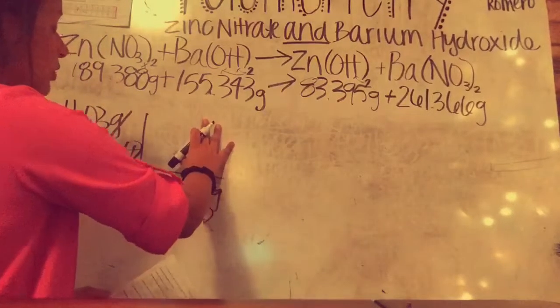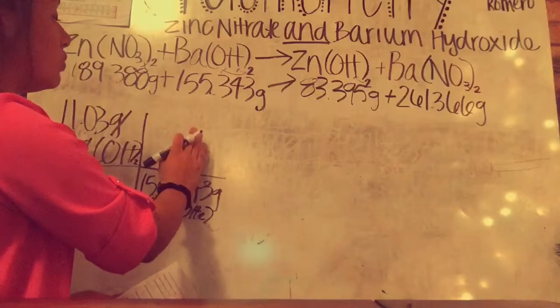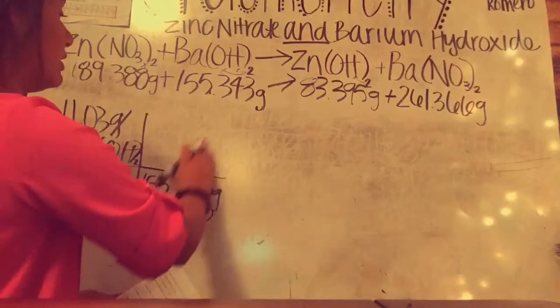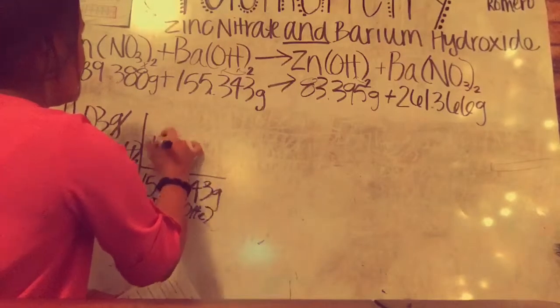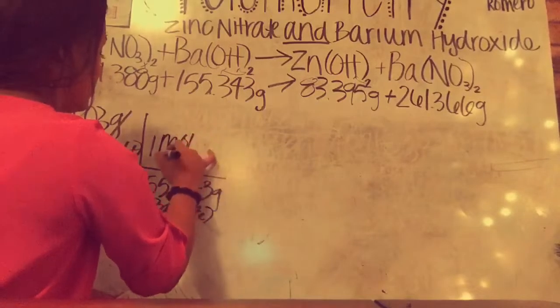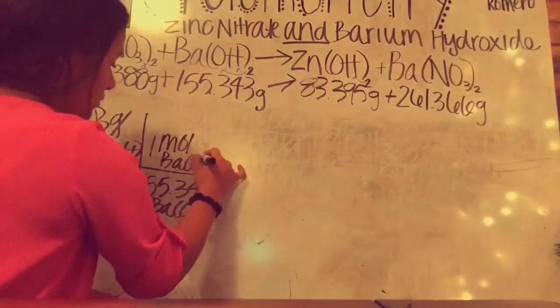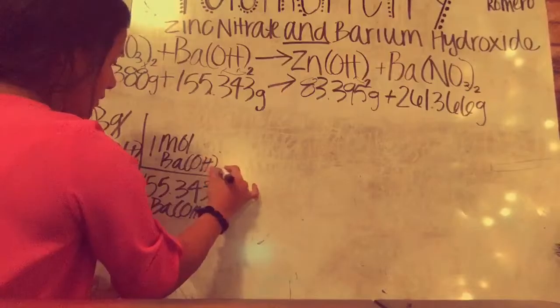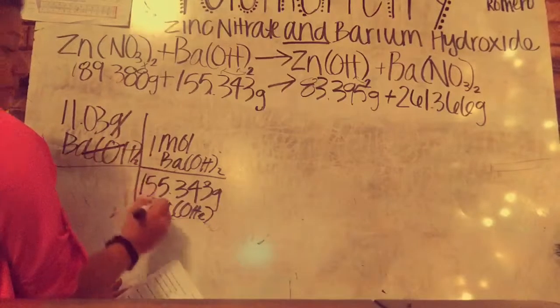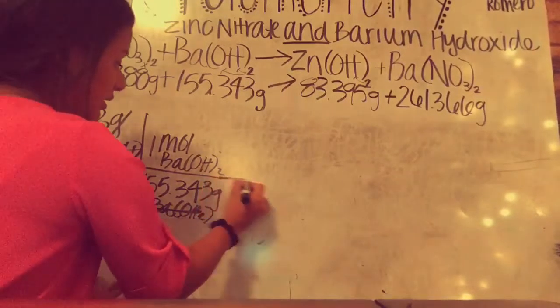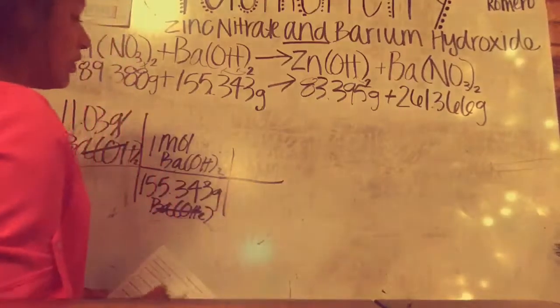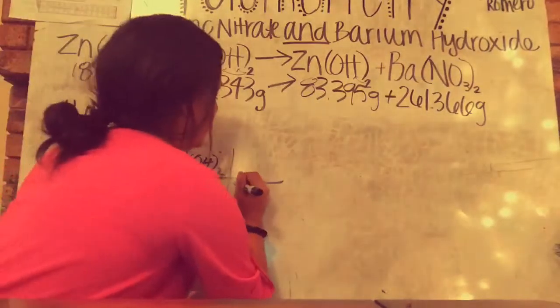And above this, you're going to put it equivalent to 1 mole because 1 mole is always equivalent to the molar mass of your compound. So these two have been canceled out. What we're going to cancel out next are the number of moles, and you're always going to set it to 1 mole as well.